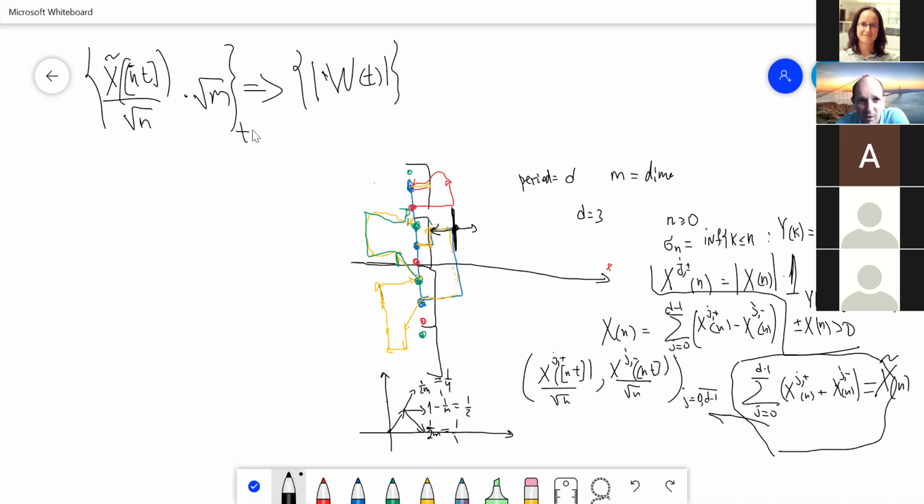So here we have a weak convergence in a Skorokhod space.